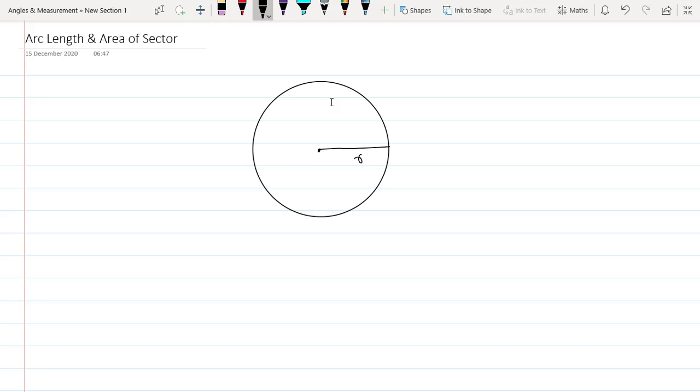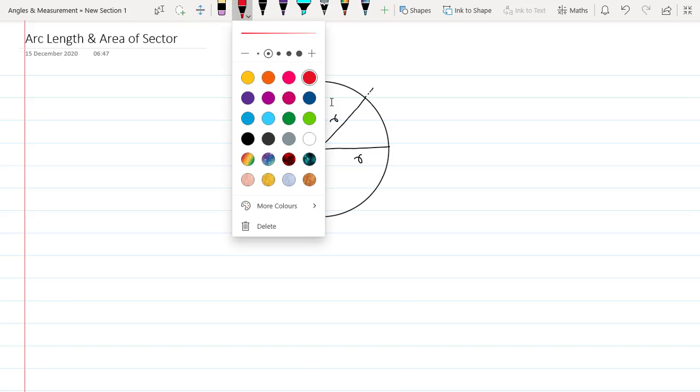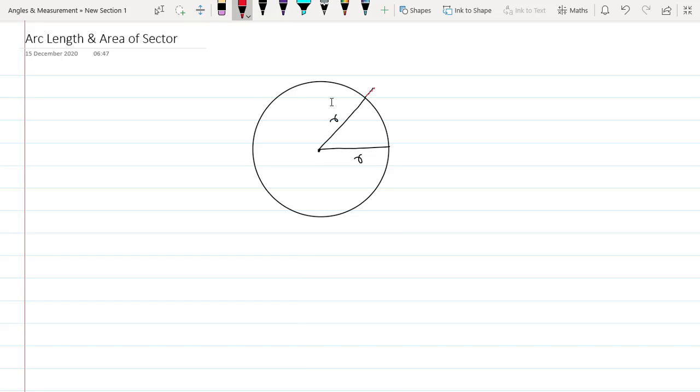This is the radius, and suppose this is another radius. So this much part of the circle, if I extend, this much part of the circle is known as an arc of this circle. So it is the arc.